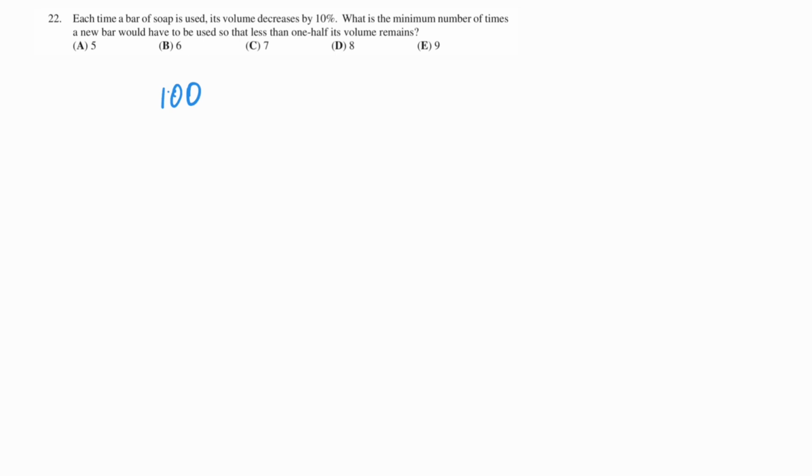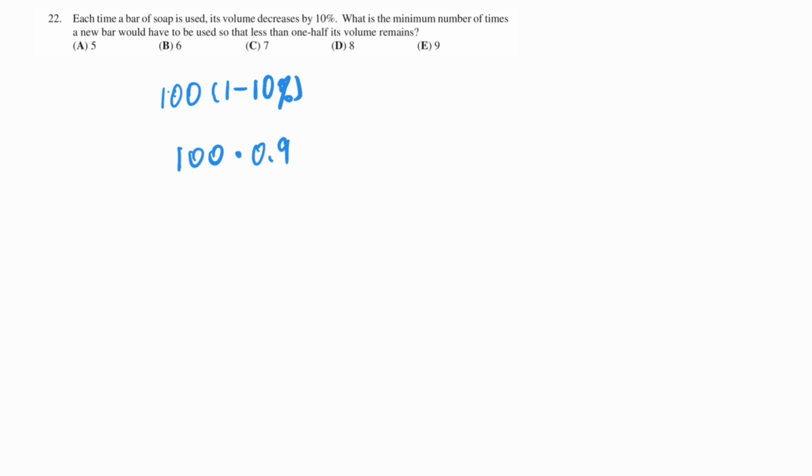It doesn't matter. So on the first use, it decreased by 10%. That means the remainder will be 1 minus 10%, that's 100 times 90%, which is 0.9.